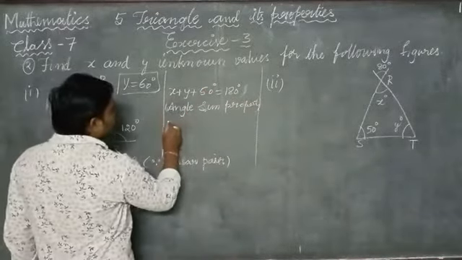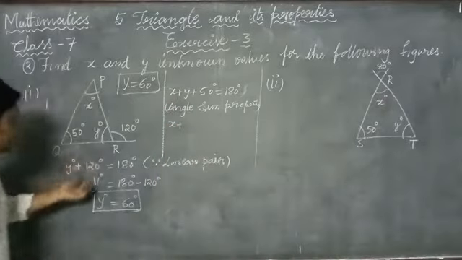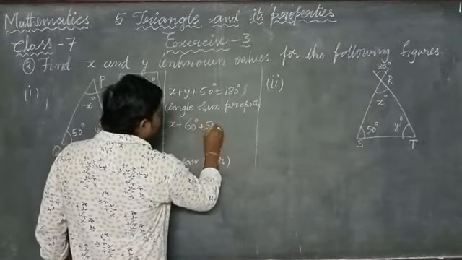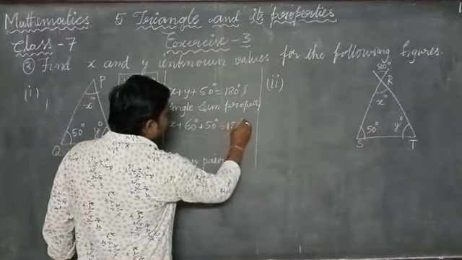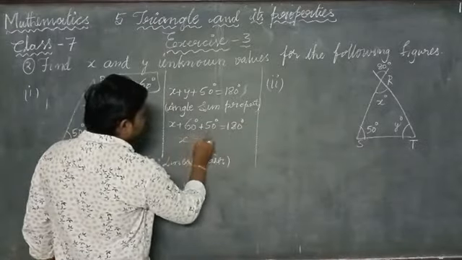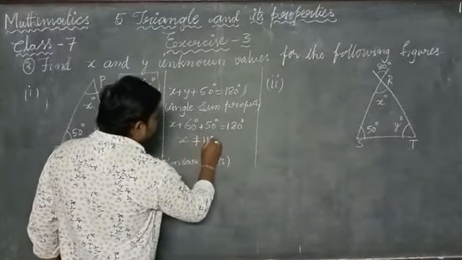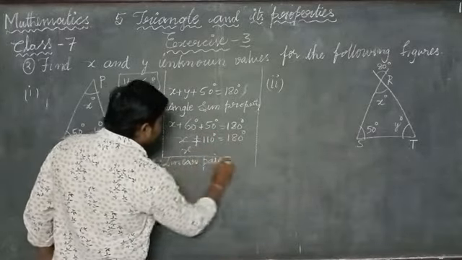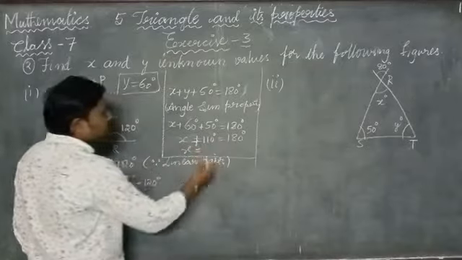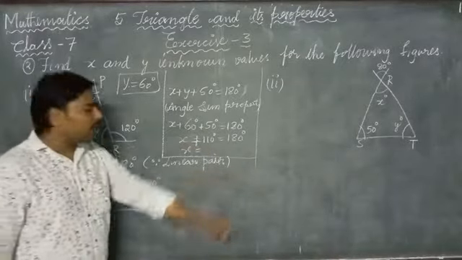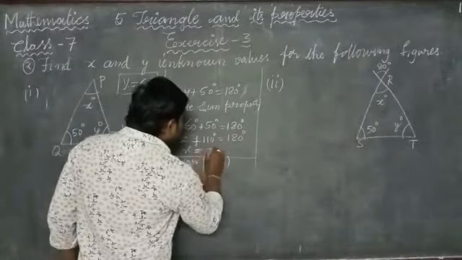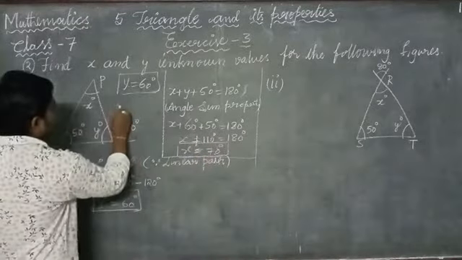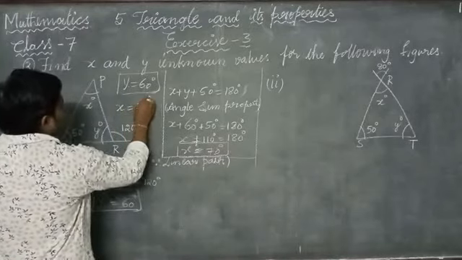Okay, here x plus y, we got the y value as 60, plus 50, so x plus 110 degrees equals 180 degrees. Then x equals, if you transpose the 110 degrees to the right hand side, then we will get 70 degrees. Okay, here the x value is x equals 70 degrees.